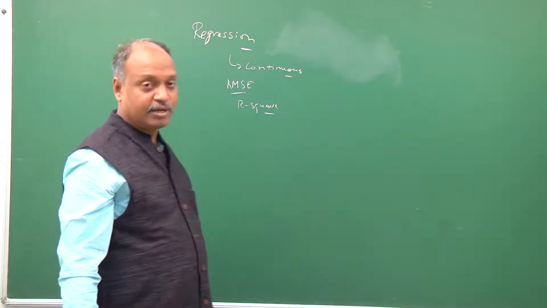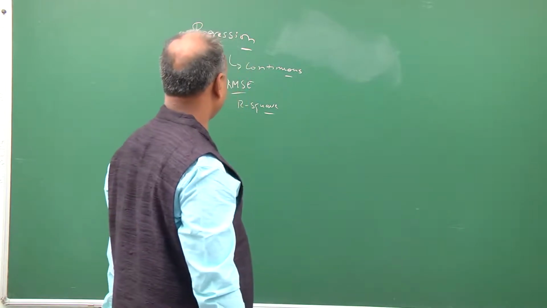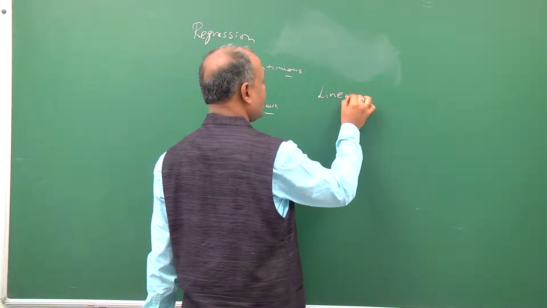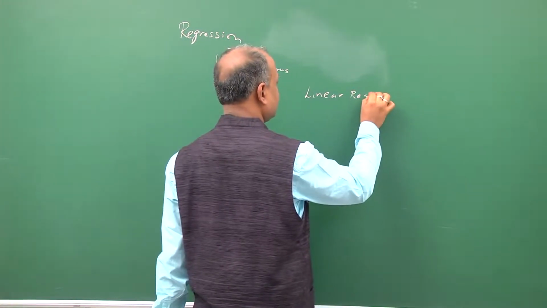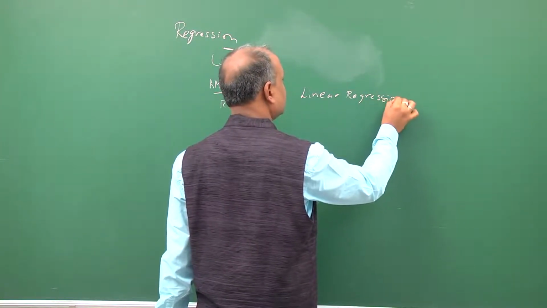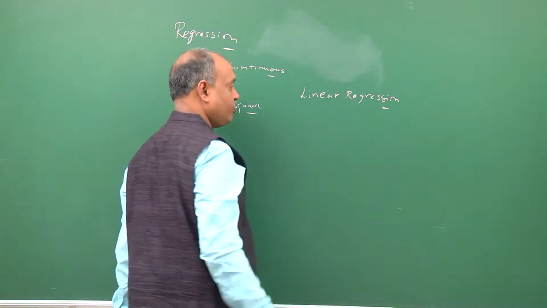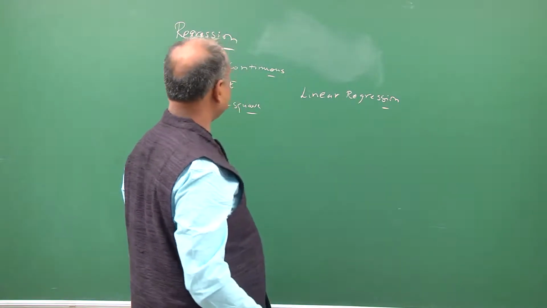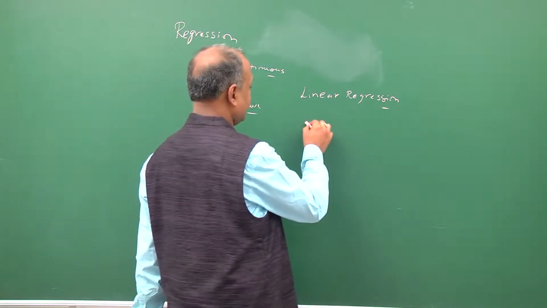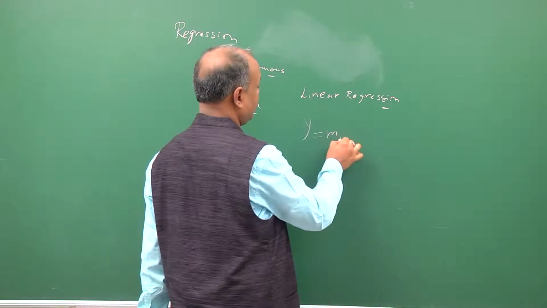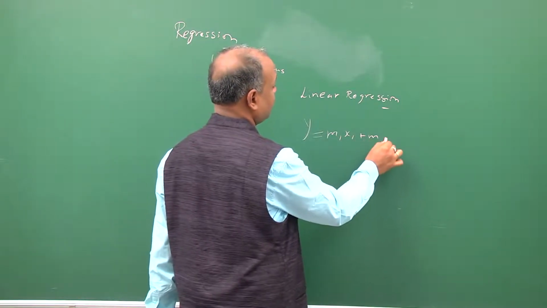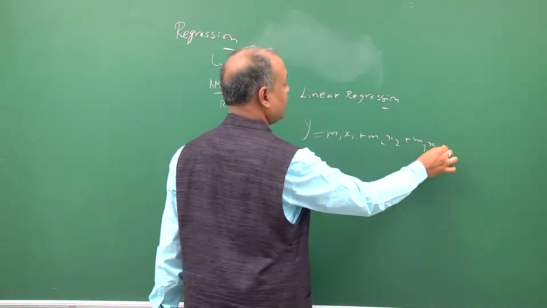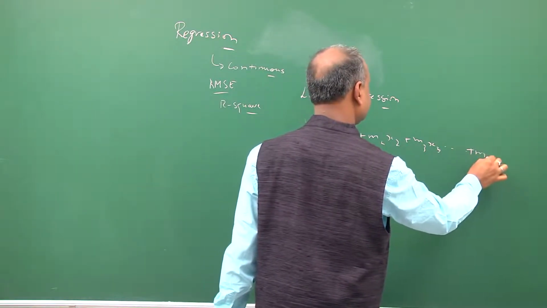One of the most important regression techniques is quite old. It comes from the statistical science of curve fitting. It's called linear regression. Linear regression bases itself on the notion that any data can be approximated by a straight line.